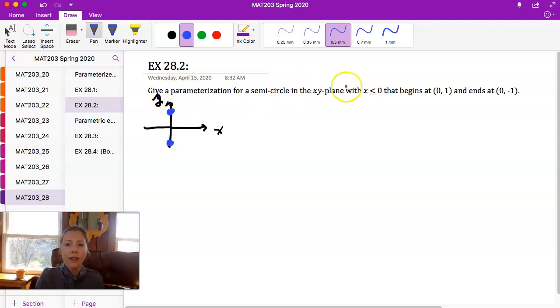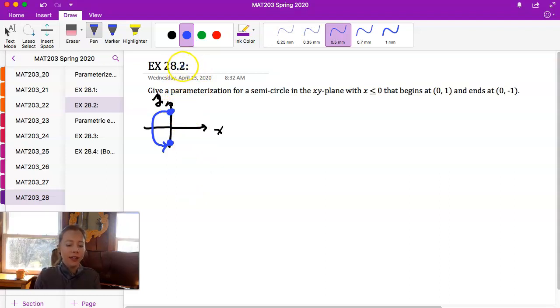And x is going to stay less than or equal to 0, so we're over here. So we're going that direction, and we have our semicircle. You can describe this multiple ways. There are a few different correct answers here. But the key is specifying your time interval.